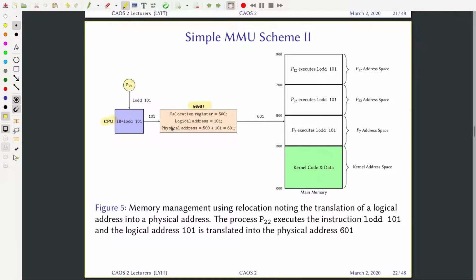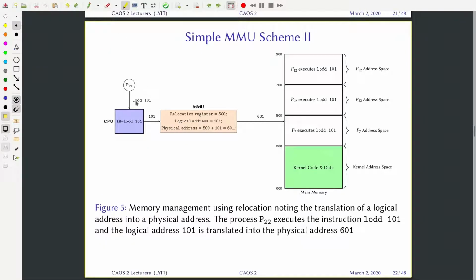So recall that in a multitasking system there are always multiple processes that are available, ready to execute, and just waiting for the chance to get onto the CPU. So we can imagine in this example that P7 was executing for a period of time, and then it was descheduled from the CPU, and P22 was picked from the ready pool and then scheduled into the CPU.